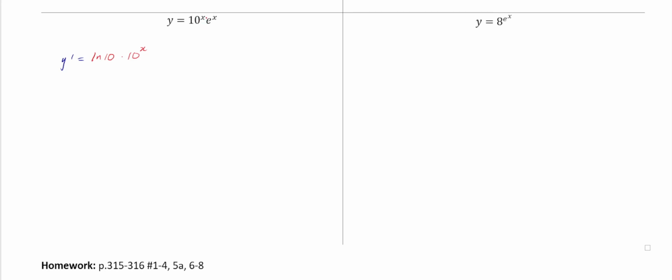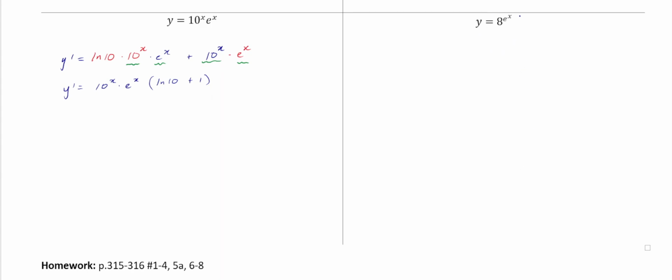And again, the derivative of the exponent here is just going to be 1, so I'm not going to worry about that, multiplied by e to the x, plus, and then again, I write the first function, 10 to the x, and then the derivative of e to the x, we recall from our first lesson, is just simply e to the x. Looking at this right here, I can see that 10 to the x and e to the x are common to both terms, so I can factor that out. 10 to the x, e to the x, open bracket, ln 10 plus 1.